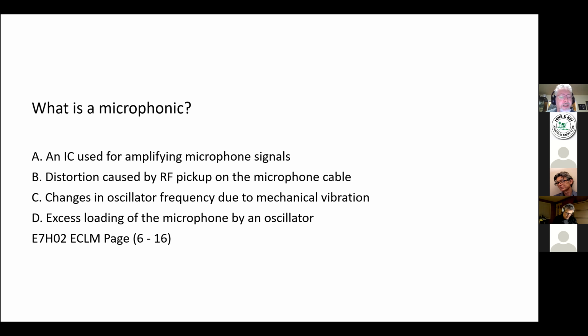C, changes in oscillator frequency due to mechanical vibration. Or D, excess loading of the microphone by an oscillator. Charlie. Charlie is correct. Changes in an oscillator frequency due to mechanical vibration.